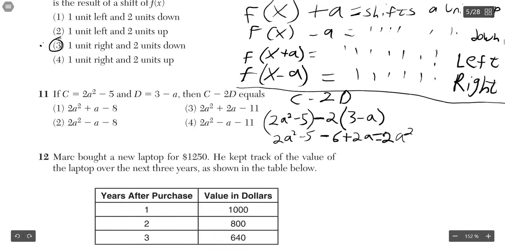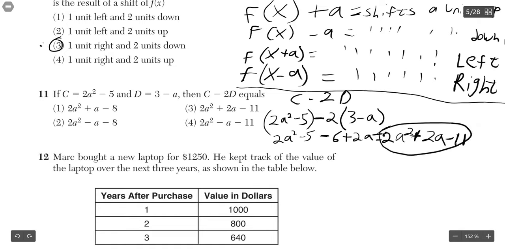Then plus 2a, there are no other plain a terms. But then we have two like terms, minus 5 and minus 6, that comes out to minus 11. So we get 2a squared plus 2a minus 11.